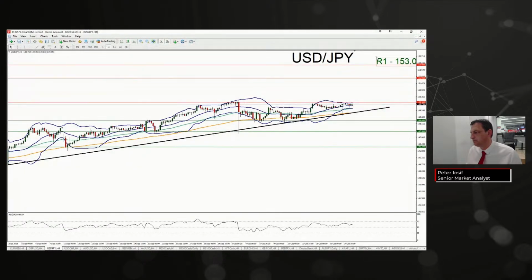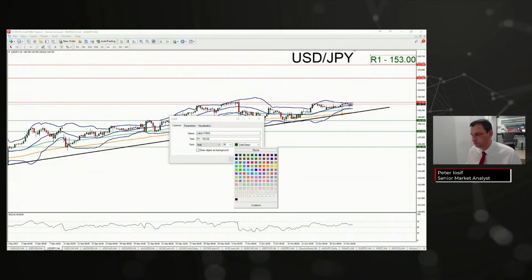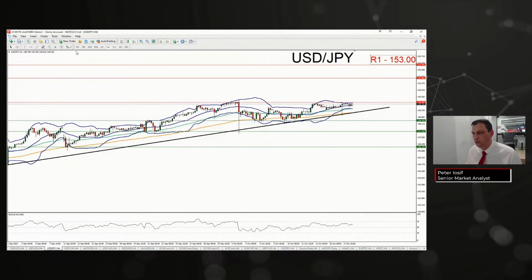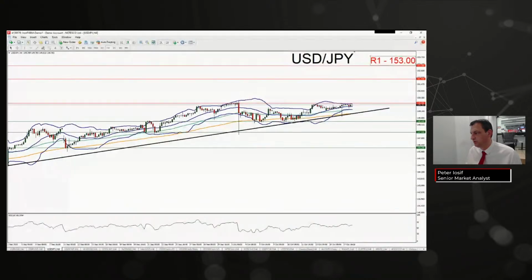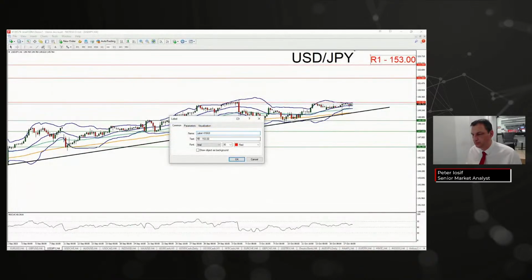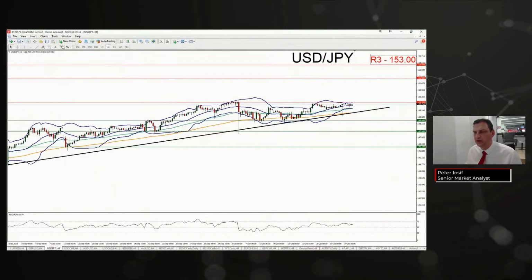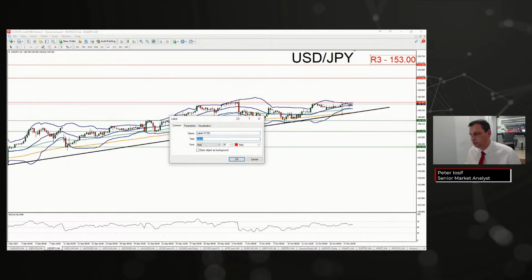That should be in red. Let's correct that. Moving now to, that should be the R3. Moving now to the R2, 151.90.